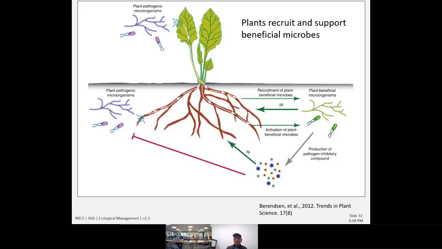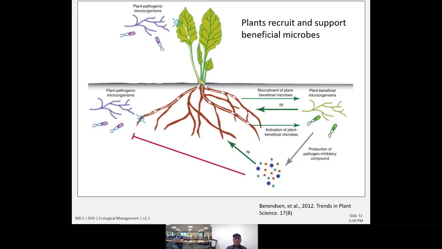Here you can see the red on the left side is the invaders. They're pathogenic fungus or bacteria. They're coming to the root, and here you can also see the subsequent increase in the secretion of microbial stimulant compound.